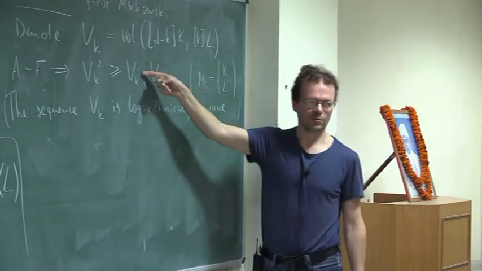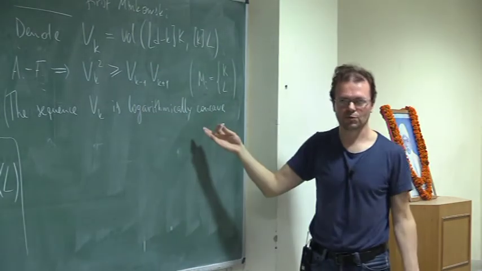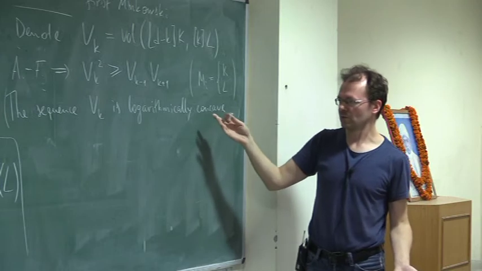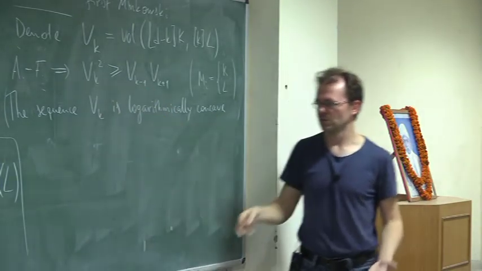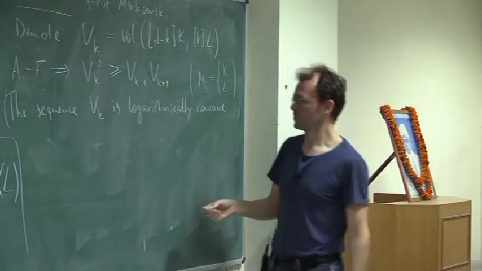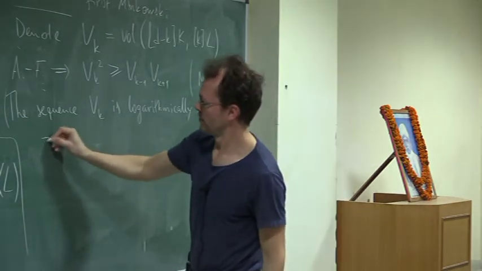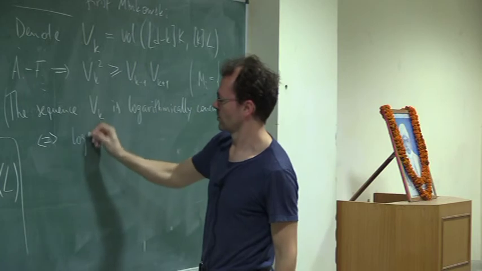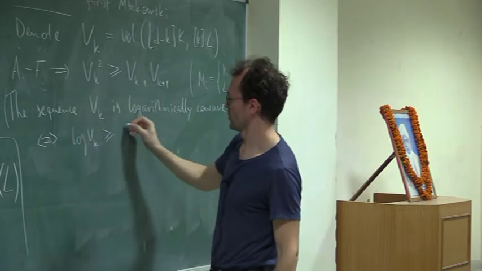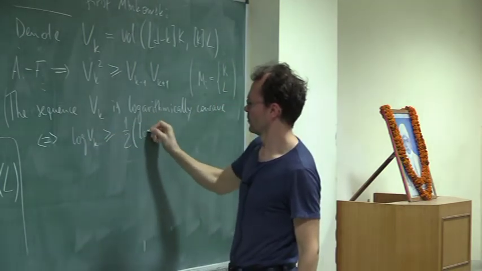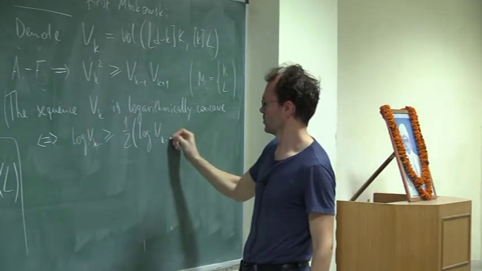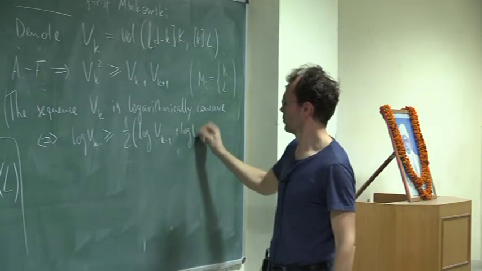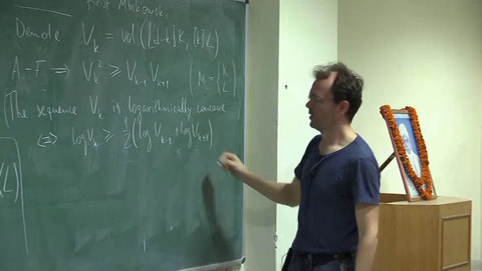That's exactly by definition this inequality, and it is called logarithmically concave because the logarithms of these terms form a concave sequence. Because we can write this as logarithm of Vk is bigger or equal than 1/2 logarithm of Vk minus 1 plus logarithm of Vk plus 1.